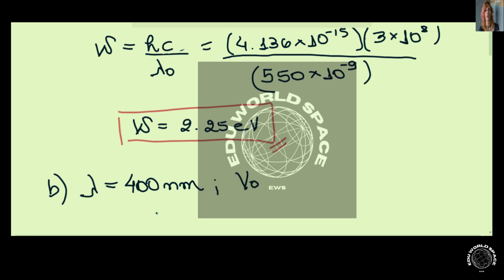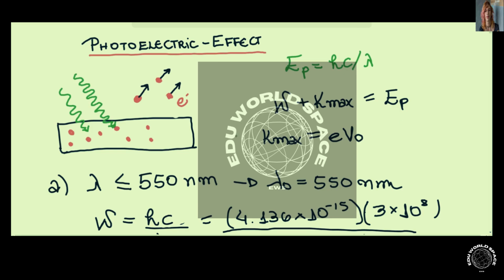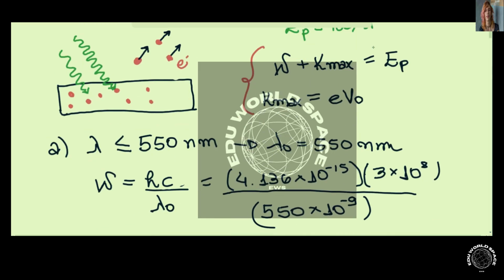If we go back to these two expressions, we can see that we want to find the stopping voltage. So we want to use this expression that I'm going to call expression 2, and substitute it into expression 1, the expression for the photoelectric effect.